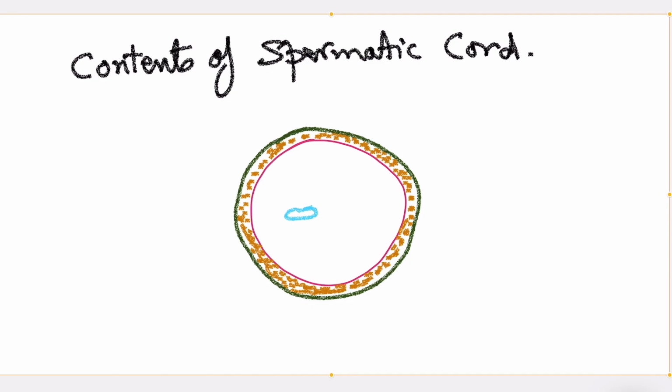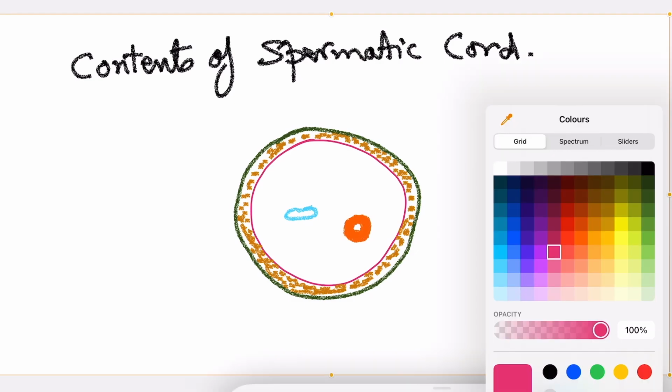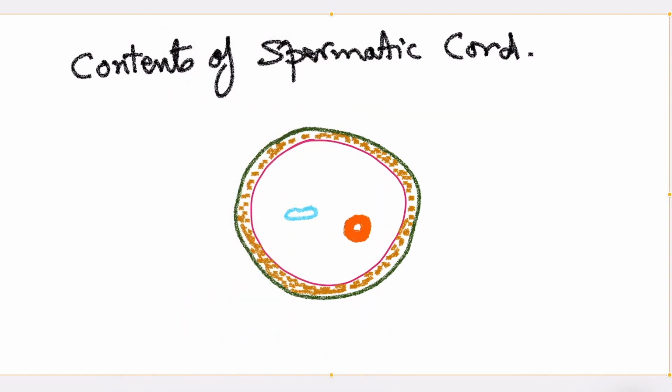So one important thing which passes through the spermatic cord is the ductus deferens, also called the vas deferens, with a thick muscular coating around it. And this vas deferens will of course be accompanied by an artery to ductus deferens.